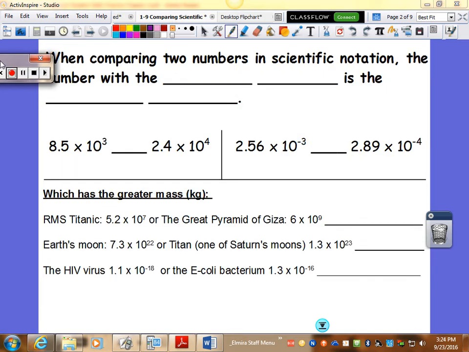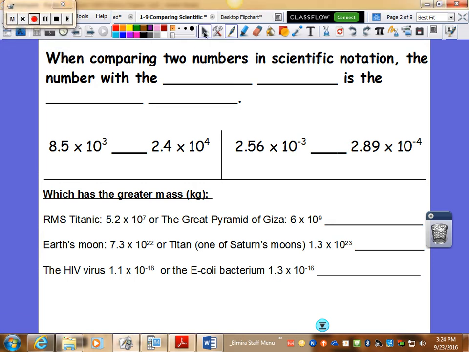If we're comparing numbers in scientific notation, the number with the larger exponent is the larger number. Remember, the exponents are telling us how big the number is. The 8.5 and the 2.4 aren't really helpful if these exponents are different. If I converted this to standard notation, that would be 8,500.